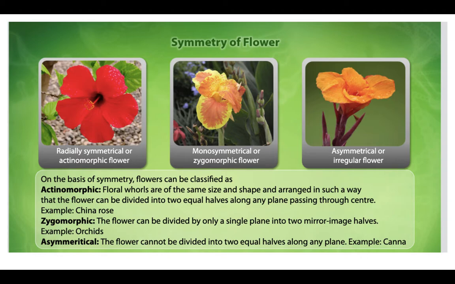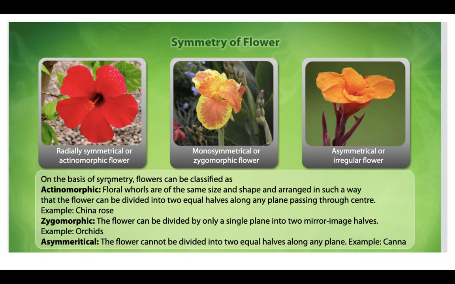Now, on the basis of symmetry, flowers can be classified into 3 types: actinomorphic, like in this hibiscus flower.